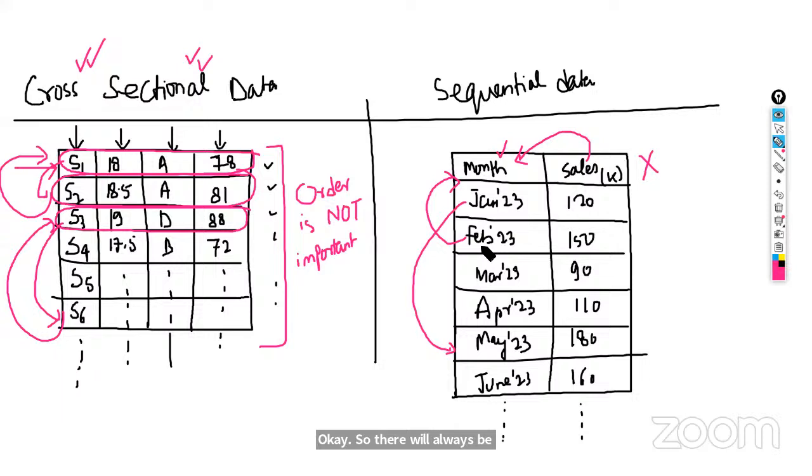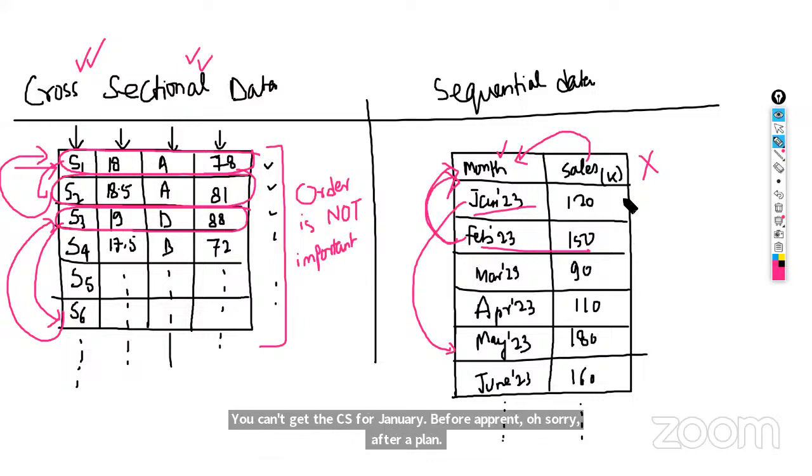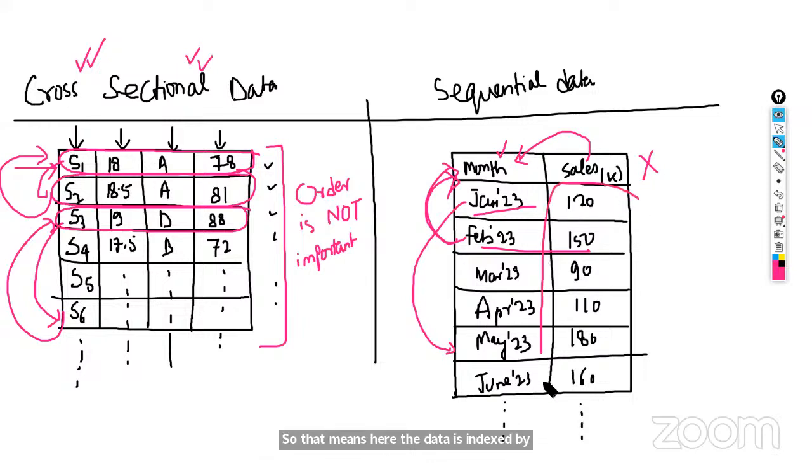You can't get the sales for Feb before Jan, or for Jan after April. The data is indexed by time. Now this time can be on a monthly basis, hourly, per second, per minute, yearly, or quarterly. The frequency can be anything.